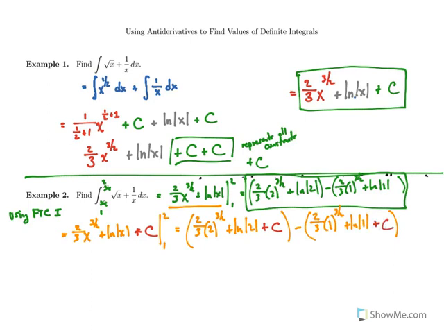And you can see that if you don't forget the parentheses, the positive c and a negative c cancel out. And at that point, it didn't really make sense to have that c at all. So really, you never have to add a constant when you're doing a definite integral, but you definitely need it when you're doing an indefinite integral.